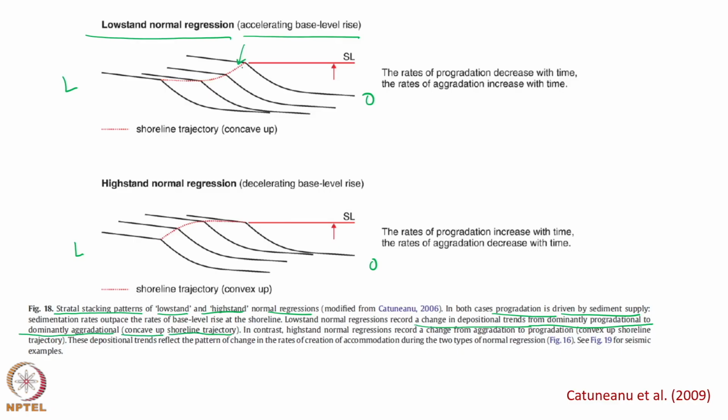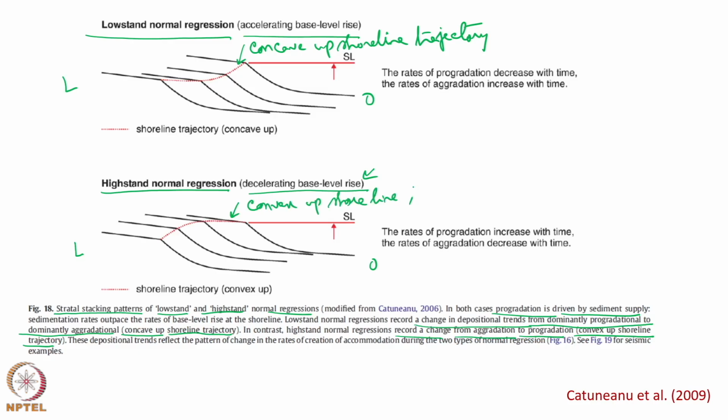This red dotted line shows the concave up shoreline trajectory. In contrast, the highstand normal regression is characterized by decelerating base level rise. Base level is rising, but it gets decelerated. It records a change from aggradation to progradation, a convex up shoreline trajectory. This red dotted line shows the convex up shoreline trajectory. In this way, the two types of regression are stated.